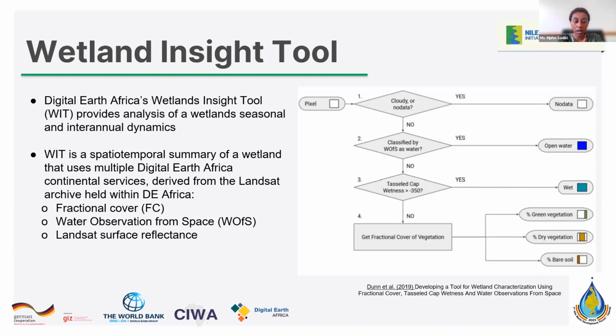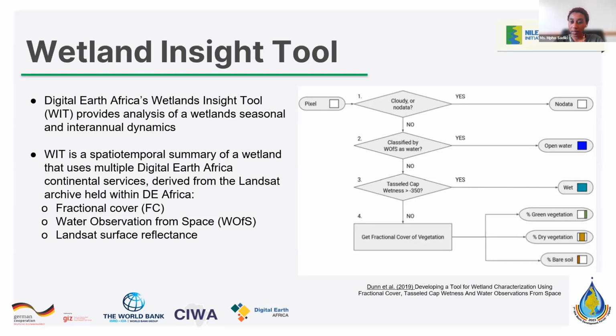And it leverages three components or three products or services that we host on the Digital Earth Africa platform. So it looks at the fractional cover, the water observation from space that I just highlighted, as well as Landsat surface reflectance data. As you can see on the right there, it tells you the logic of how the tool actually works. It first checks if a pixel is cloudy or not. And if it is not, it is then checked if it can be classified as open water using the water observation from space product.